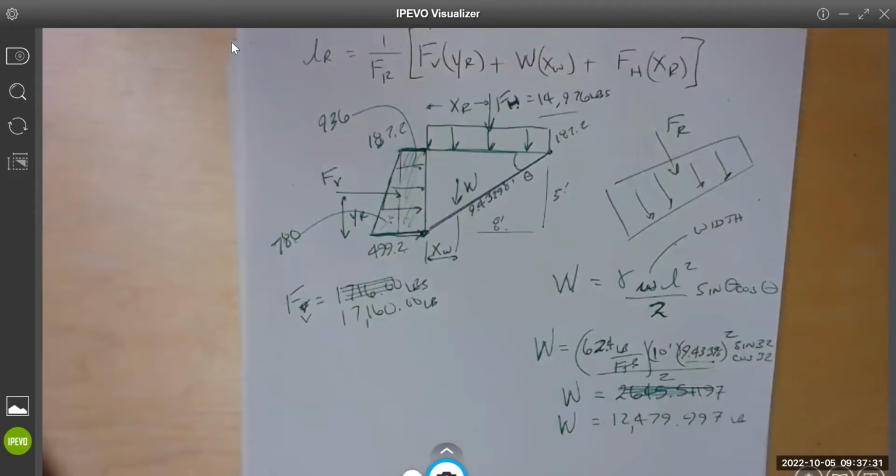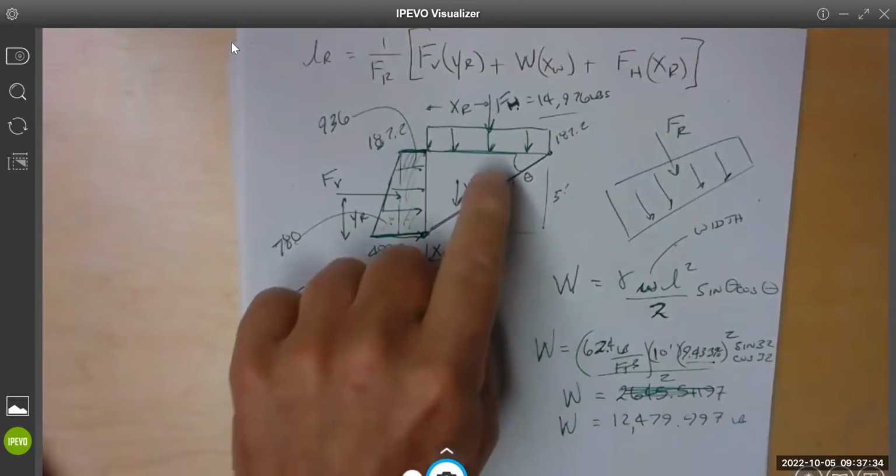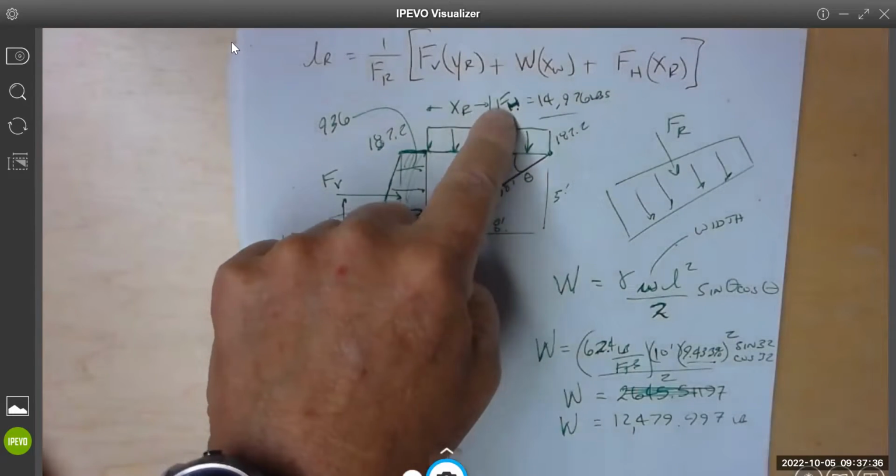Everyone see where I got that? That's just that rectangle, right? This rectangle is F sub H.